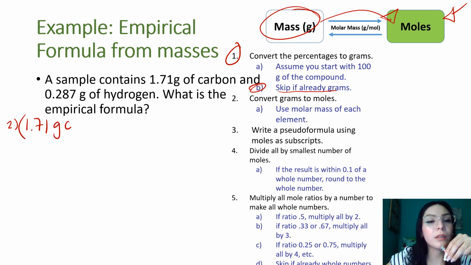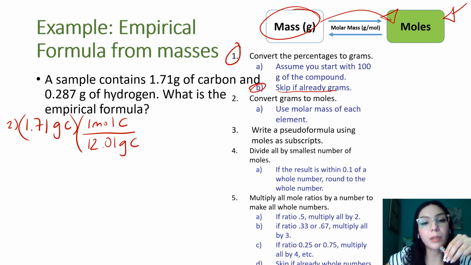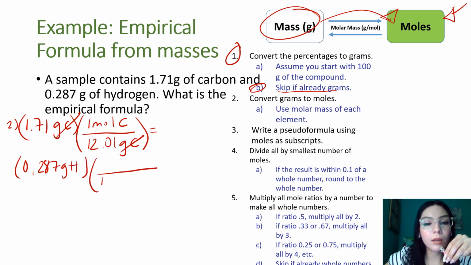Starting at step 2, I'm going to set this up. Grams of carbon: in 1 mole of carbon, we have 12.01 grams of carbon. That's the molar mass, and it just comes from the periodic table. And then for hydrogen, we have 0.287 grams of hydrogen, and the molar mass of hydrogen is 1.008.